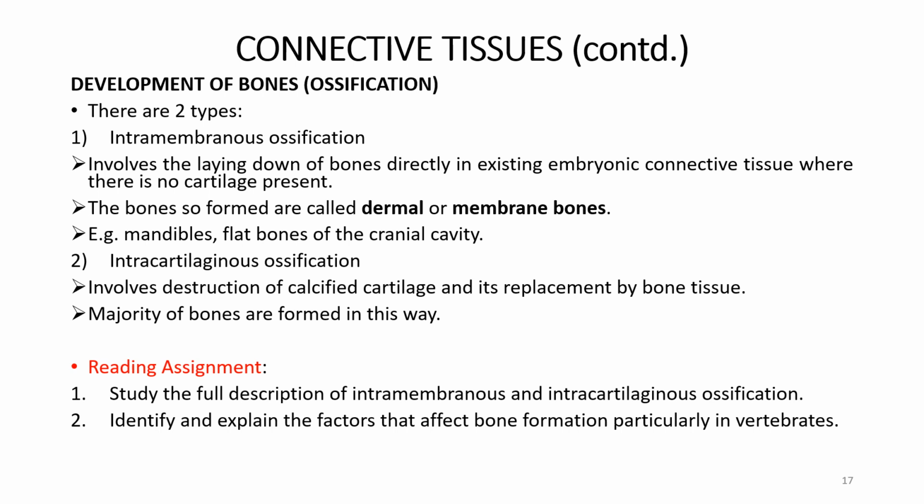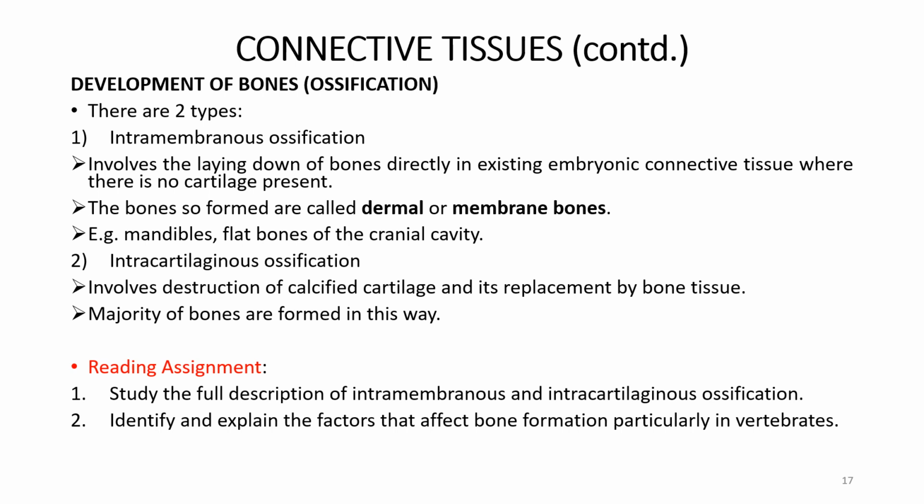It's a fresh, new thing. No cartilage before, and yet the bones are laid down. This type of bones are referred to as dermal or membrane bones. For example, the mandibles, those are the bones around our chin, our cheek. Flat bones of the cranial cavities are also an example.